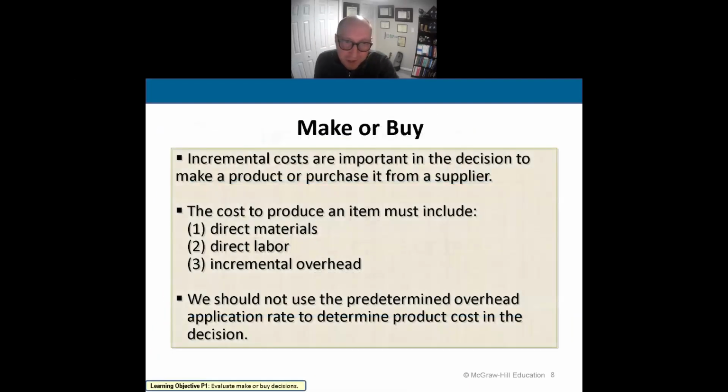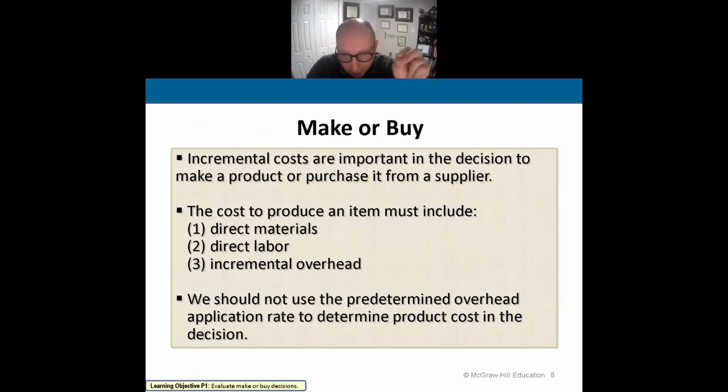One of those kinds of decisions is called the make or buy decision. Oh, this is a good one. In manufacturing, we know that there are variable costs associated with making a product: direct materials, direct labor, and factory overhead.